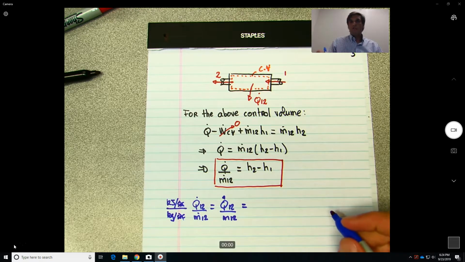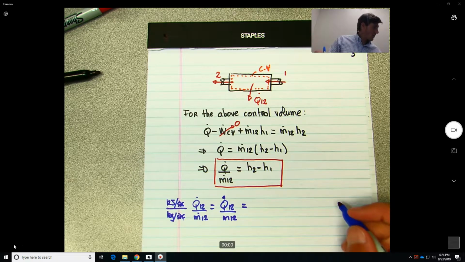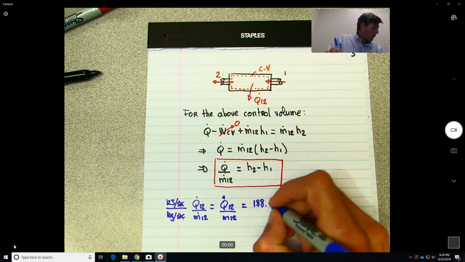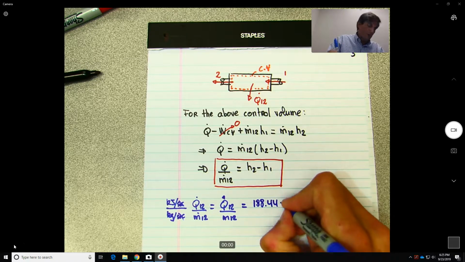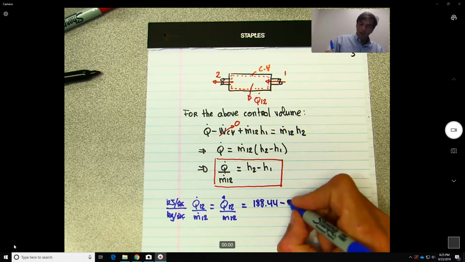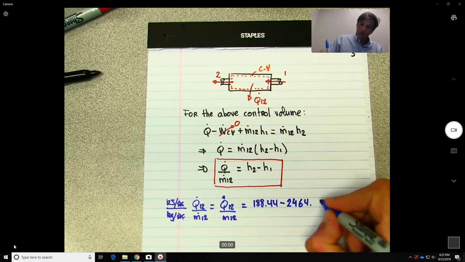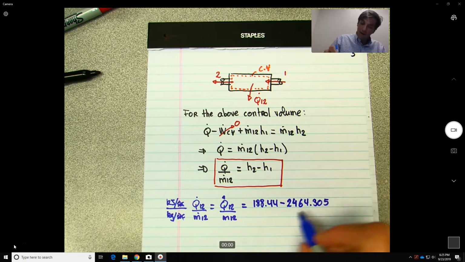So we have H2, which was equal to 188.44 minus H1, 2464.305.